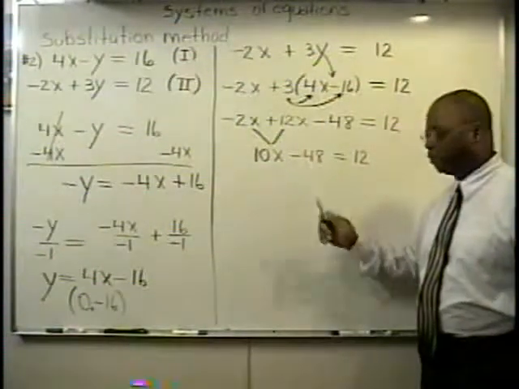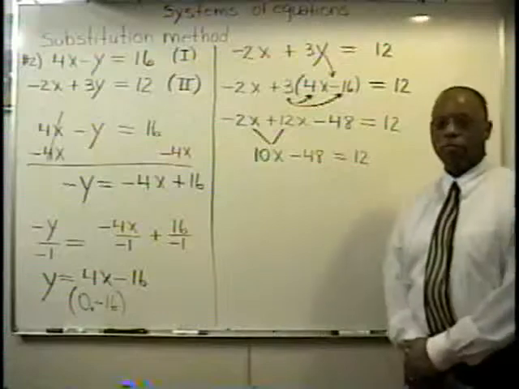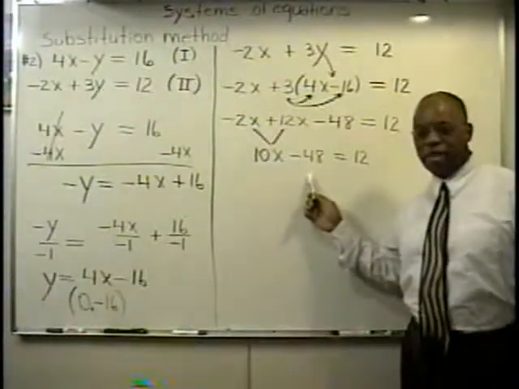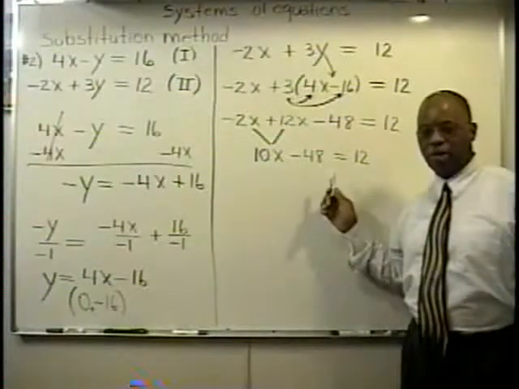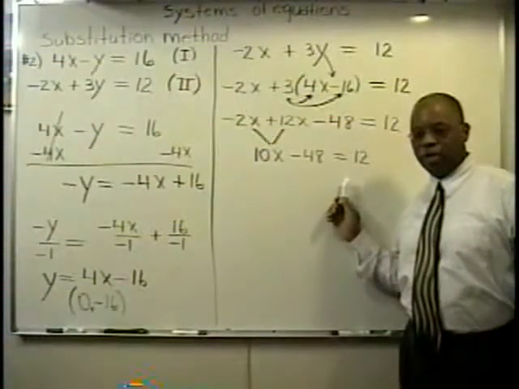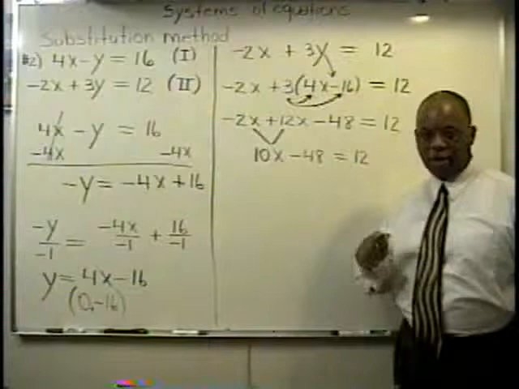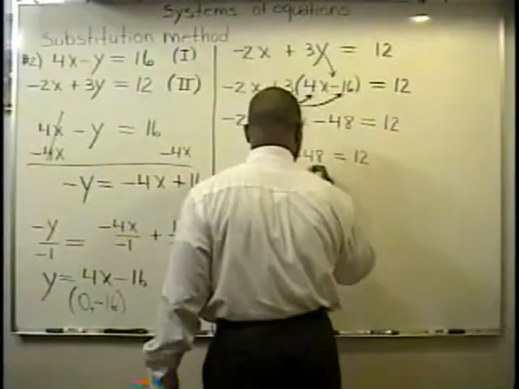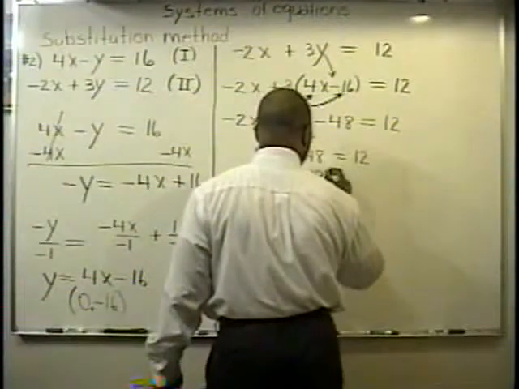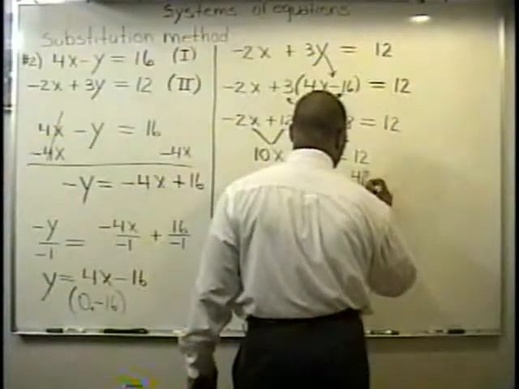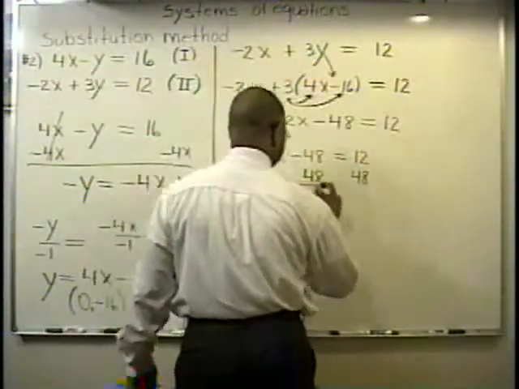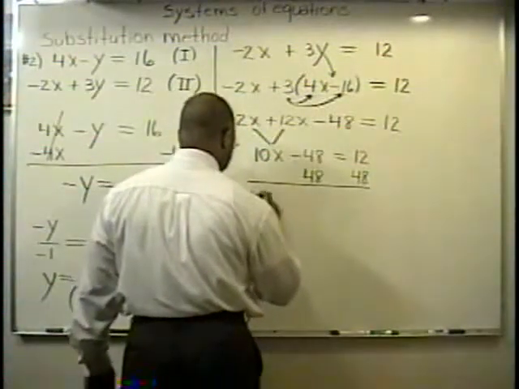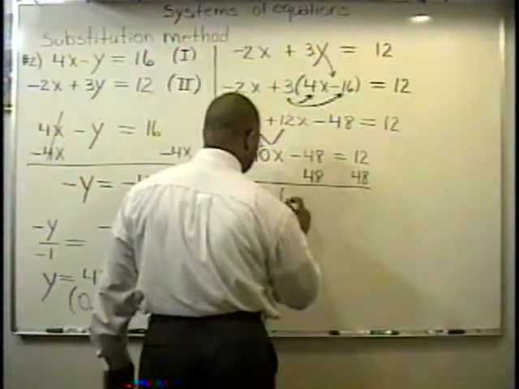What's the additive inverse of negative 48? It's a positive 48. When I add a positive 48 to the left, I must do the same thing on the right. That is called the additive property of equality. So let's show the use of the additive property of equality. Now I add 48 to both sides. That gives me 10x is equal to 60.